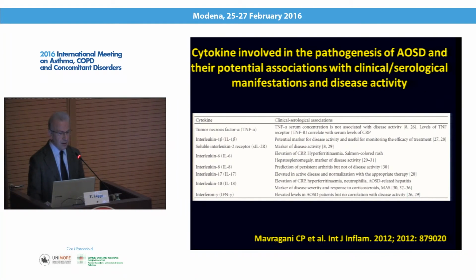The pathogenesis is thought to be inflammatory, because several cytokines are involved. I would like to stress the presence of higher levels of interleukin-1 beta and higher levels of interleukin-6.